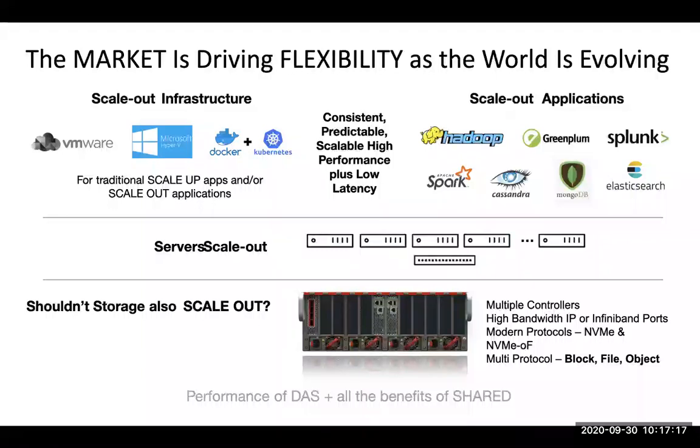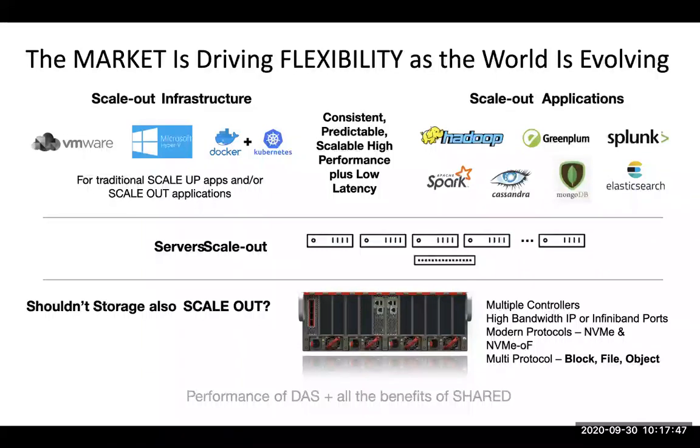For a long time we've had virtual systems using VMware or Hyper-V or Xen Server, whatever your virtualization application of choice happens to be. And that was fine for scale up, but now we're looking at scale out applications using Docker and Kubernetes, where you're creating different containers on the fly and you need to scale your infrastructure and you'll have thousands of containers trying to access data simultaneously. These are the kind of things that are driving the need for that kind of high performance.